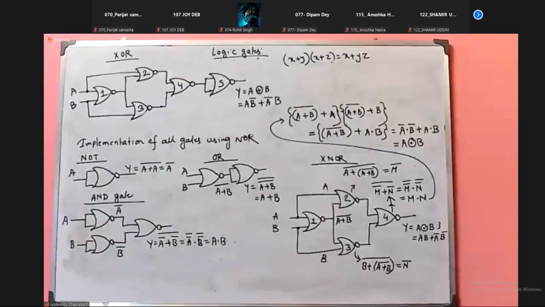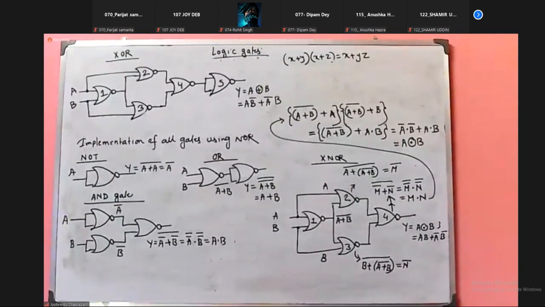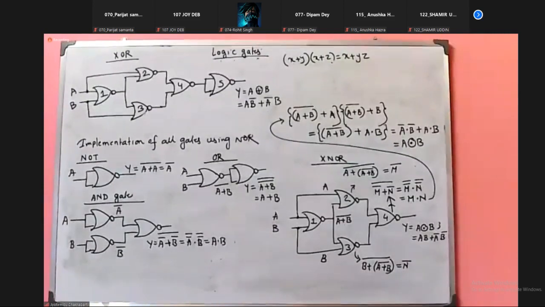Okay, so if you have written this, I am trying to implement a general expression using NAND gate.